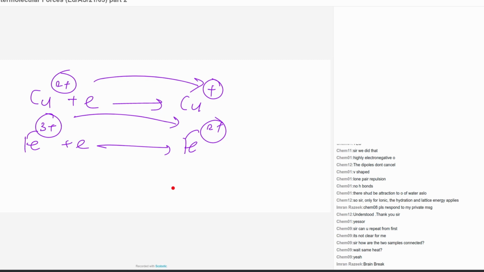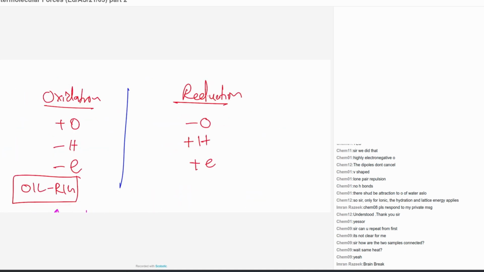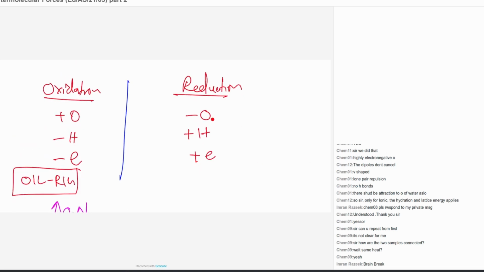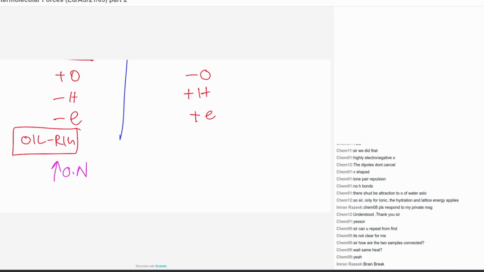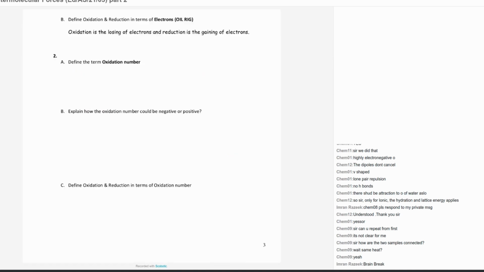So gaining of electrons is what? Reduction. So that's the next definition of reduction. So reduction is losing oxygen, gaining hydrogen, gaining electrons, and it's also defined as the decrease in oxidation number. Clear? These are the 4 definitions of reduction and oxidation.